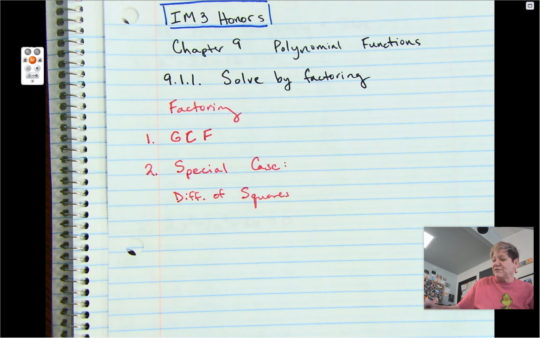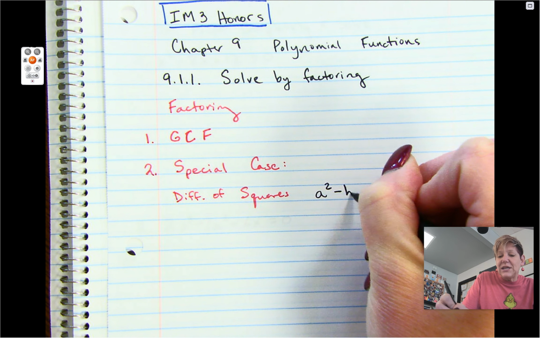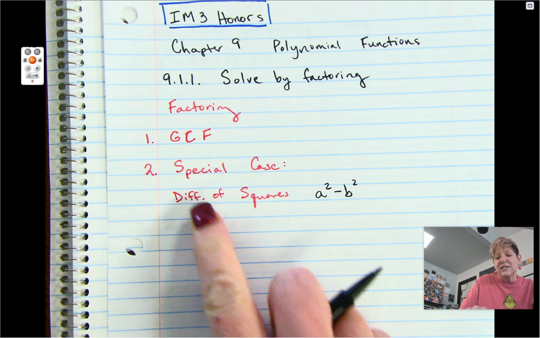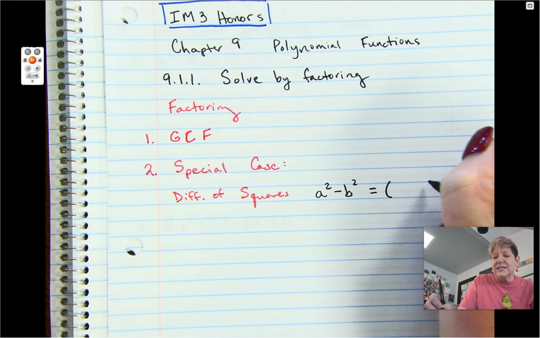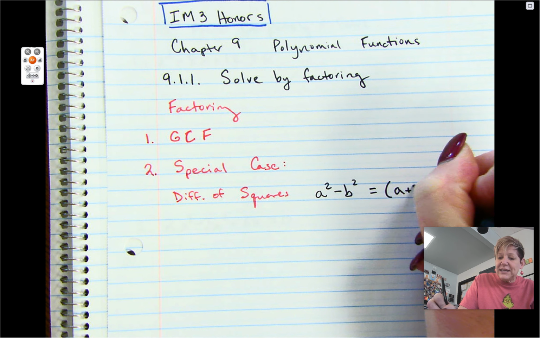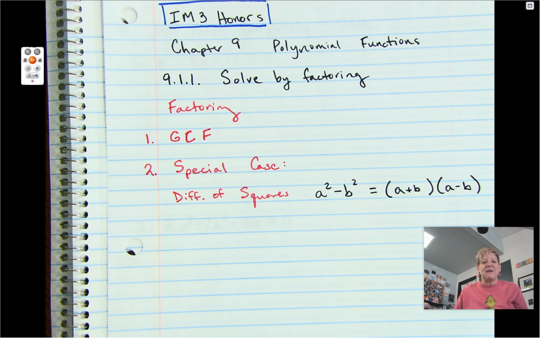In a difference of squares, you had something like a squared minus b squared. So the difference is the subtraction sign in it. And that factored to be a plus b times a minus b. Probably one of your favorites because it's pretty simple to see.